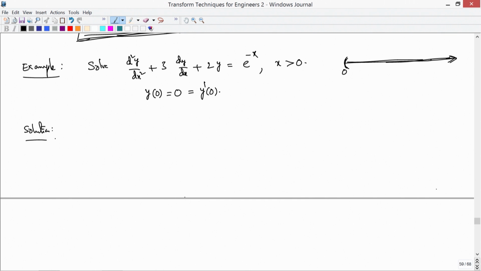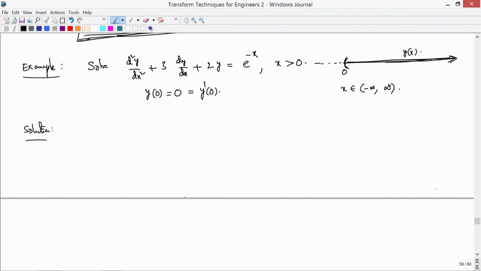So, how do we solve this? What is given is that on the x positive side, y of x is defined. How are we going to solve this? If we want to apply the full Fourier transform, you need x belongs to minus infinity to infinity.